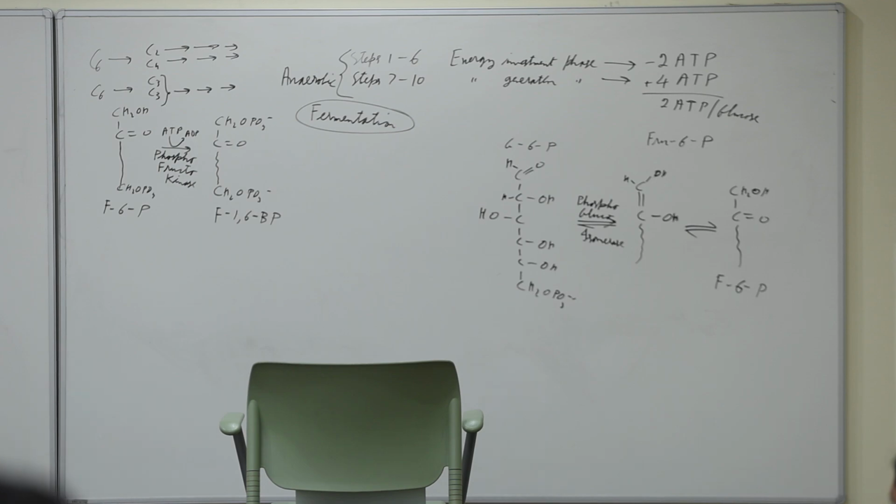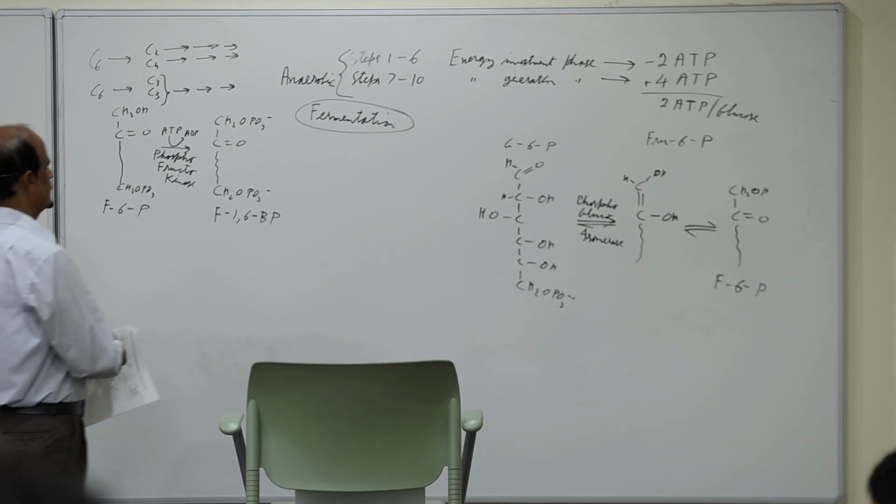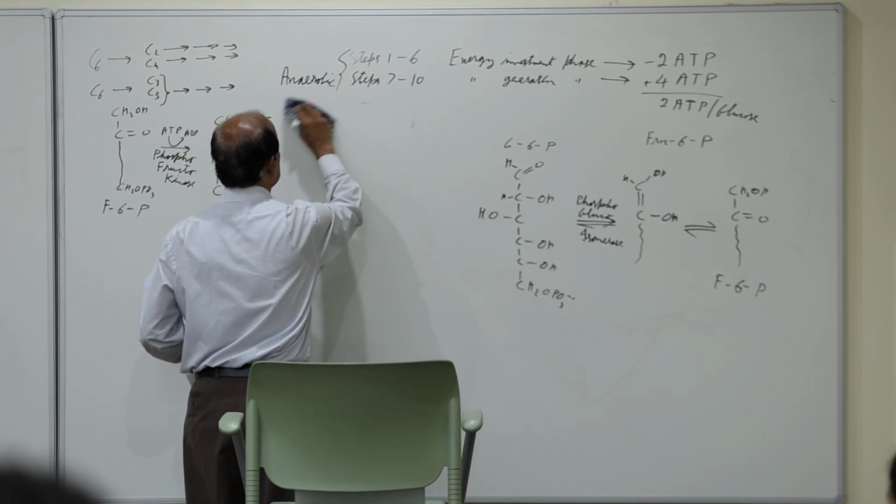Alright, so the second phosphate is added so that you get a symmetrical 2-phosphate compound, so that when you break it into 2 pieces, each of them will have a phosphate, and then there will be only 1 pathway dealing with that.